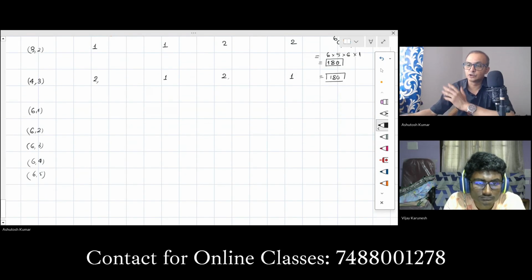If A is taking 6 and the total sample space is also 6, A has taken all of them. So P of A intersection B will become P of B only.